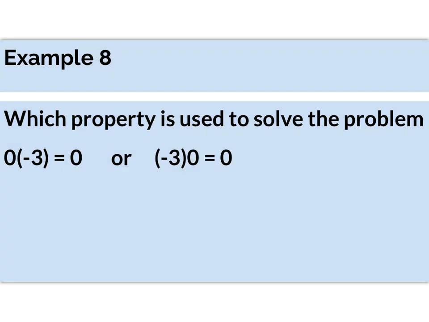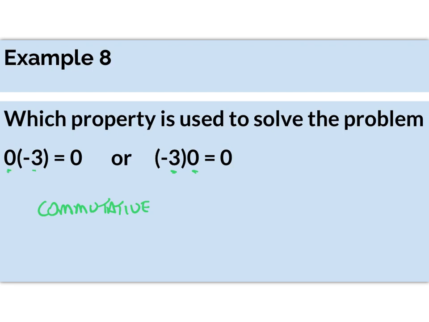Example 8. Which property is used to solve the problem? 0 times -3 equals 0, or -3 times 0 equals 0. So let's look at what we have. The 0 and the 3 switch places. And we can get commutative, but there's also another property used.